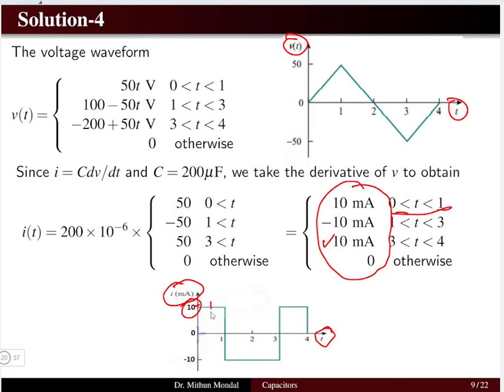So here we have 10 milliampere as the magnitude from 0 to 1 second. Then from 1 to 3 seconds you have a magnitude of minus 10, and from 3 to 4 you have a magnitude of 10. So in this way you can draw the graph or the waveform for the given voltage. You can obtain the current by differentiating the voltage with respect to time t.